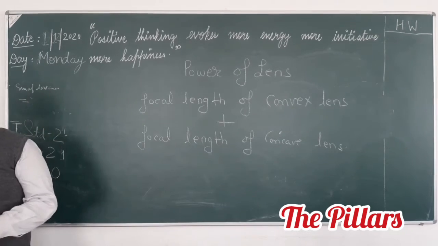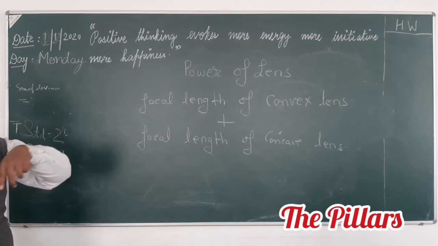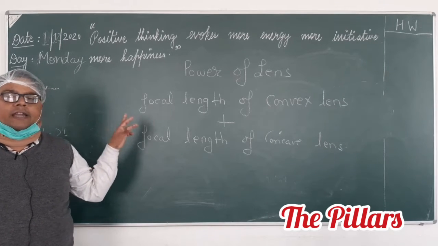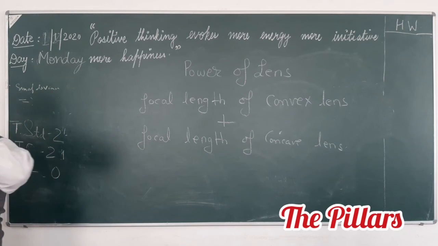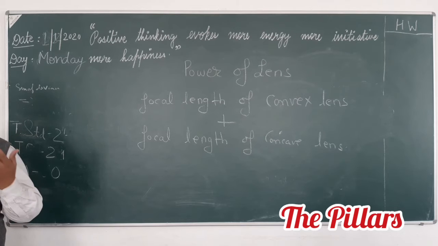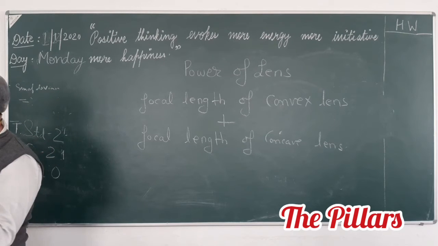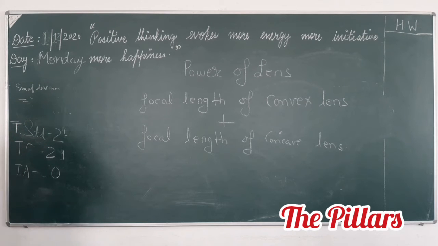So we can say that the power of convex lens will be positive and power of concave lens will be negative. If a doctor has given you a negative power, he has given you a concave lens, and if he has given you a positive power, he has given you a convex lens.